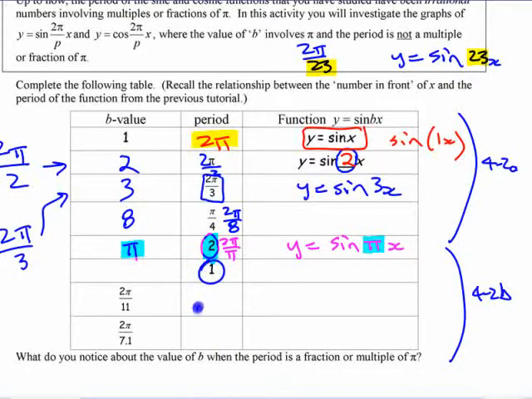If you want the period to be 1, what number do you have to put in there? 2 pi. To work backwards here, if the b value is 2 pi over 11, what's the period here? It's just 11, right? That relationship works the same way.